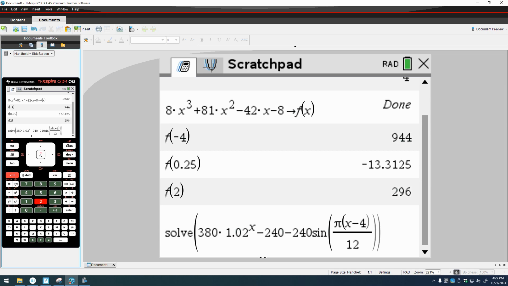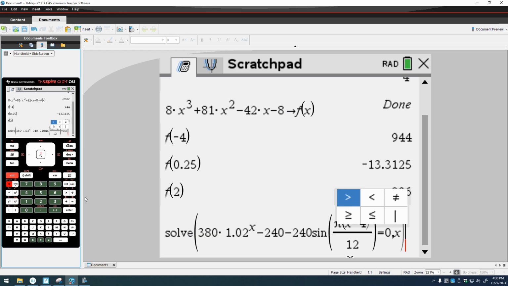Now, since this is a trig function, I definitely want to do the such that, oh yeah, sorry, equals 0, comma x. Now get out and do such that.